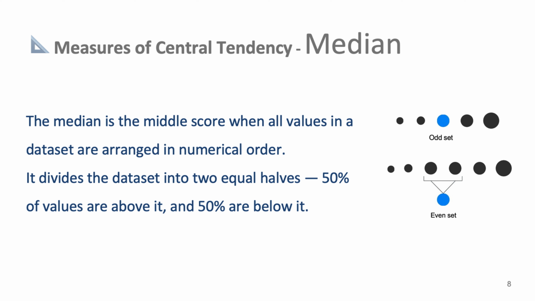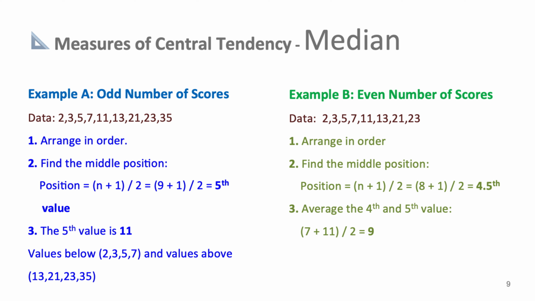The median is just the middle number after rearranging everything from the smallest to the largest. So it basically splits the data into two equal halves. If there is an odd number of scores, finding the median is very easy because there's one clear middle number. But if there's an even number of scores, you take the two middle numbers and divide them by 2.